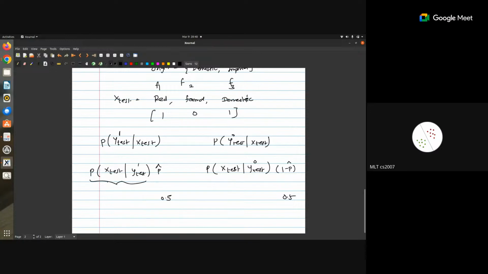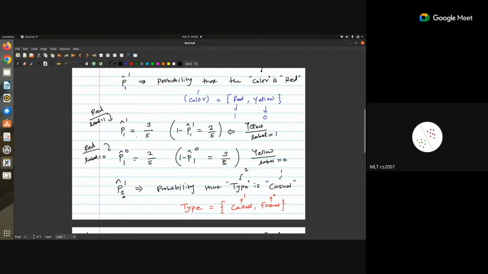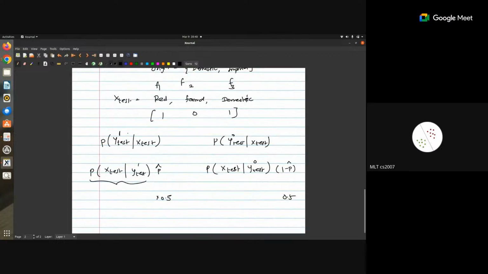For the first feature, it is a product of all these, so I'll have to write down the product. For the first feature, if it is red and the label is 1, the probability is 3 by 5.